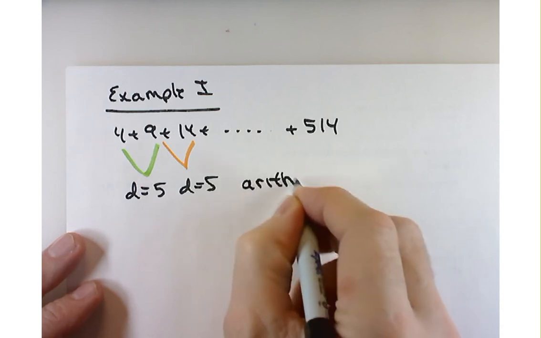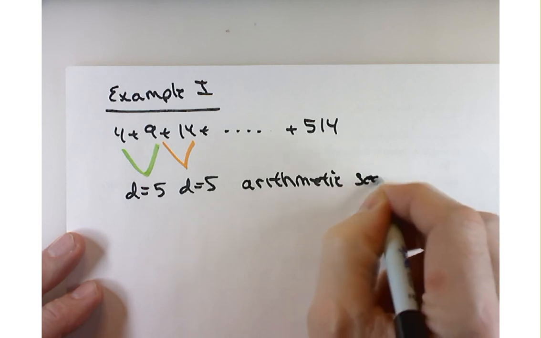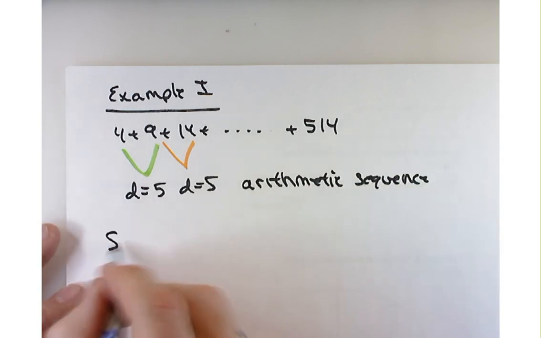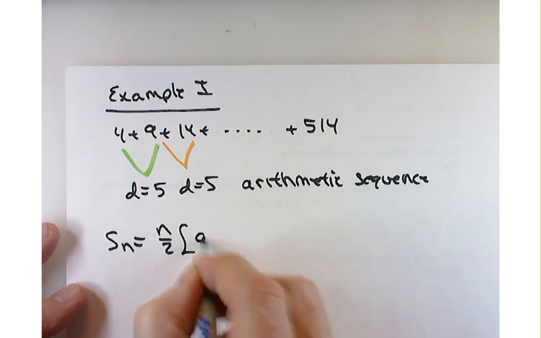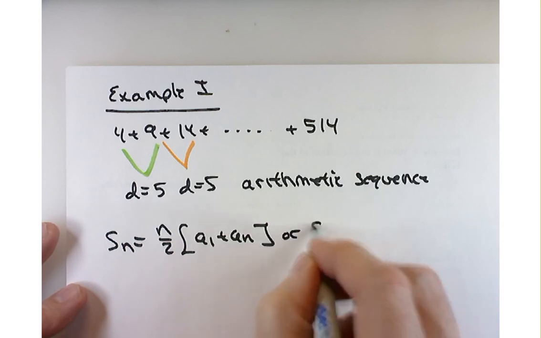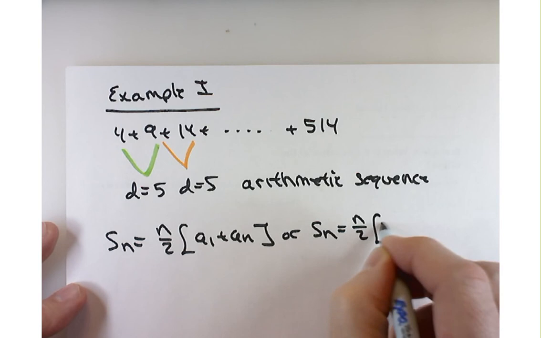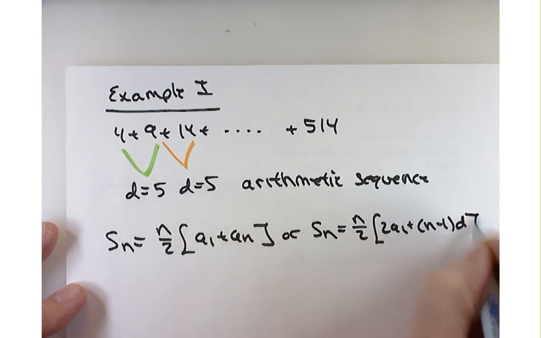So it's an arithmetic sequence. That means I can use S sub n equals n over 2 times a sub 1 plus a sub n, or S sub n equals n over 2 times 2 a sub 1 plus n minus 1 times d.